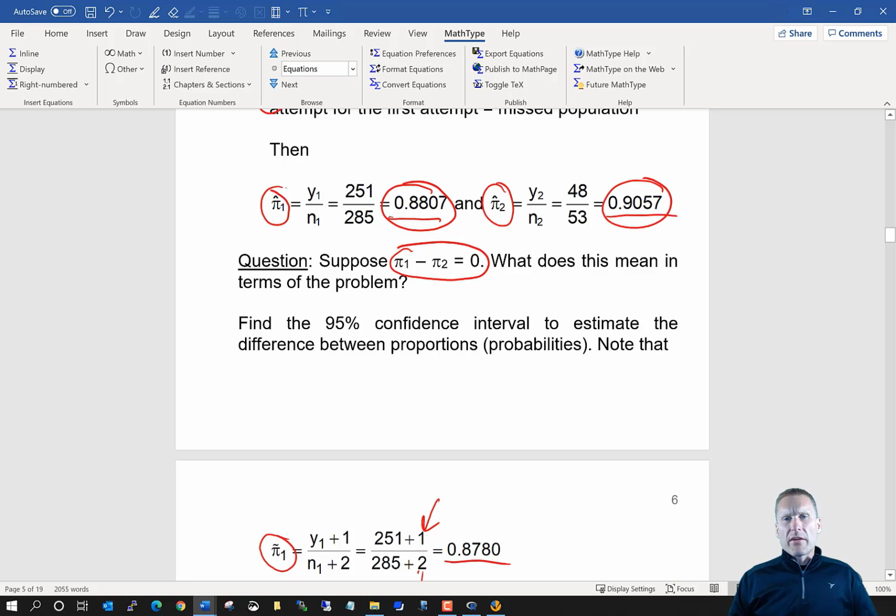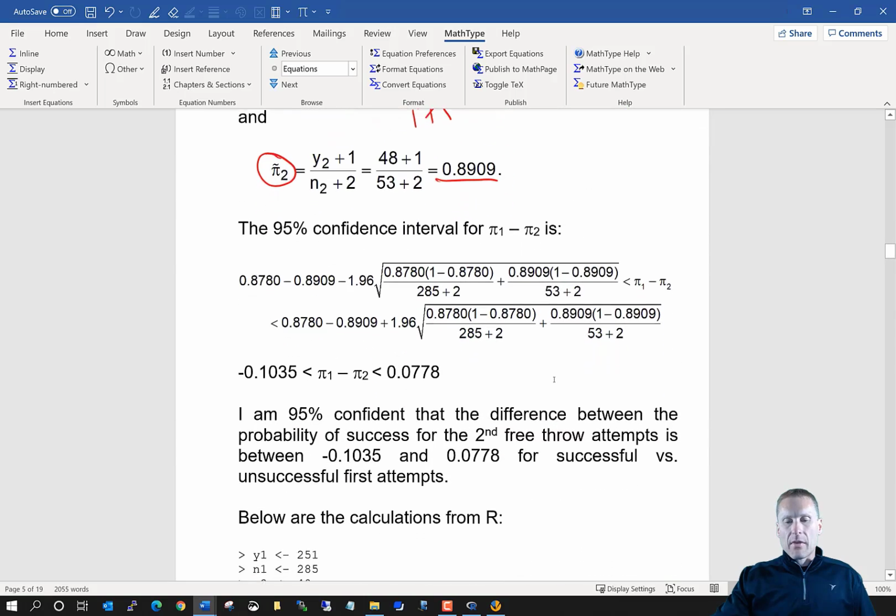This corresponds to what we saw for the Agresti-Coull interval, where this adjustment causes the estimated probabilities of success to be less extreme, meaning farther away from 1 or from 0 than what the hat estimates give you.